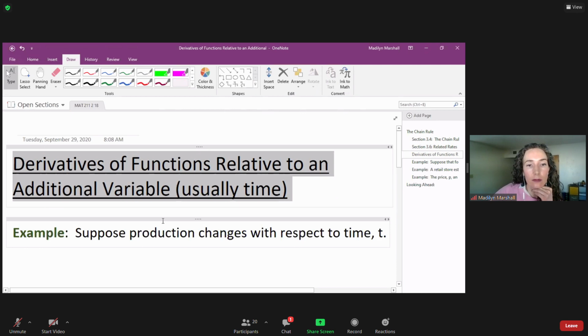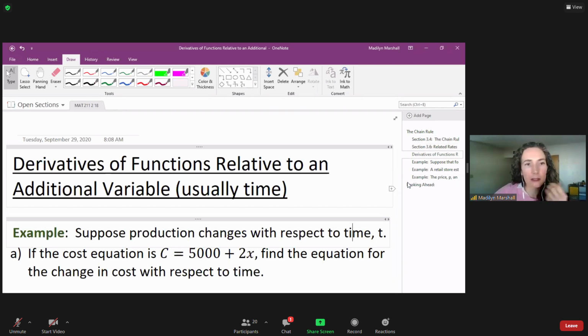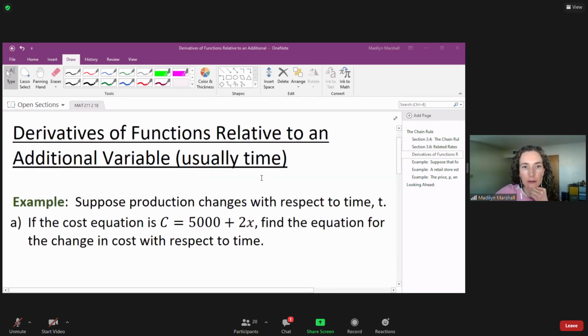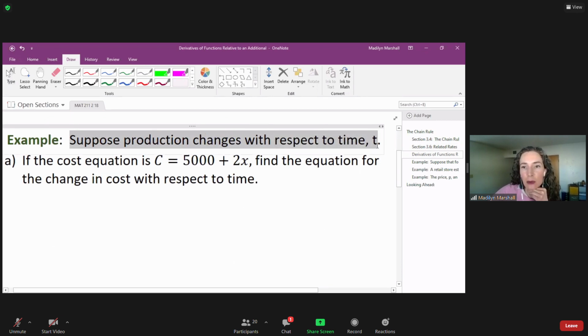Here is our question. So our question, or example, so we're going to assume production is changing with respect to time t.